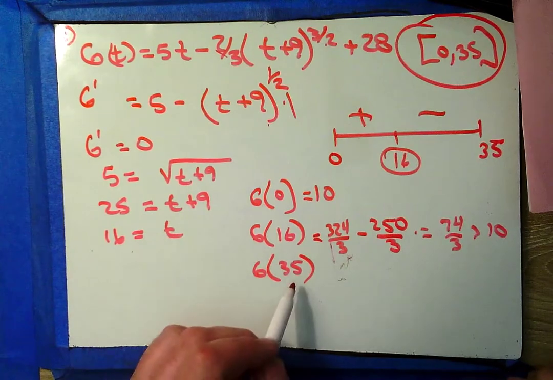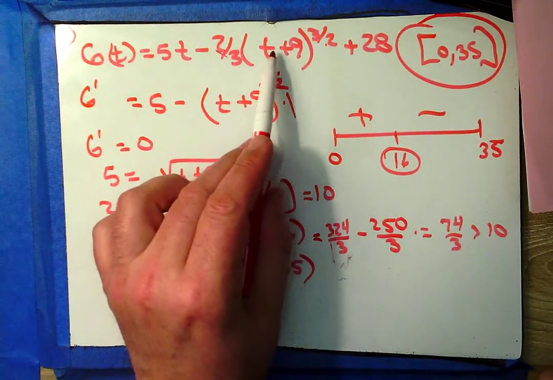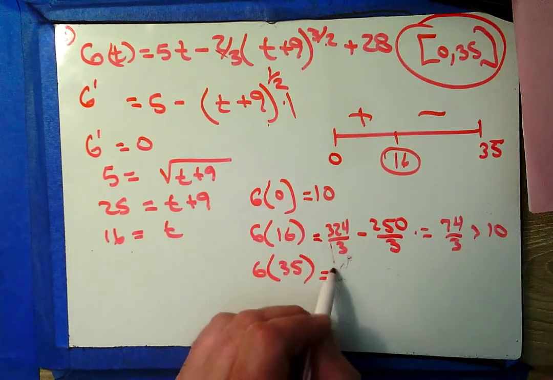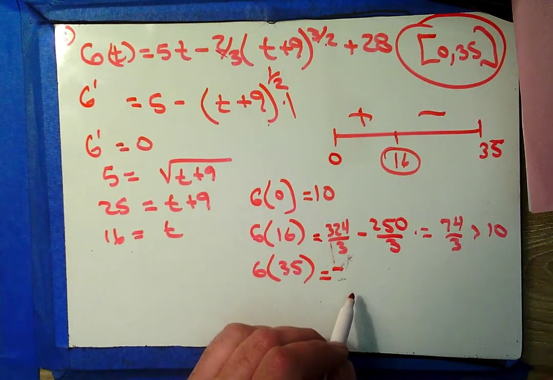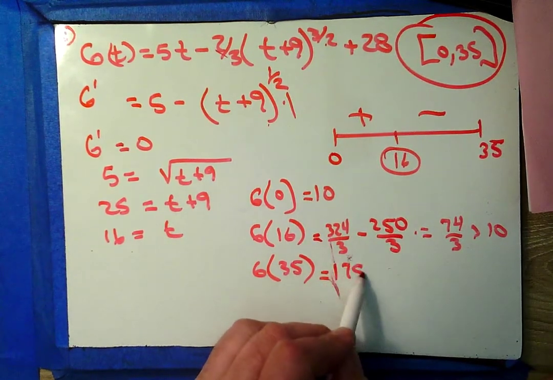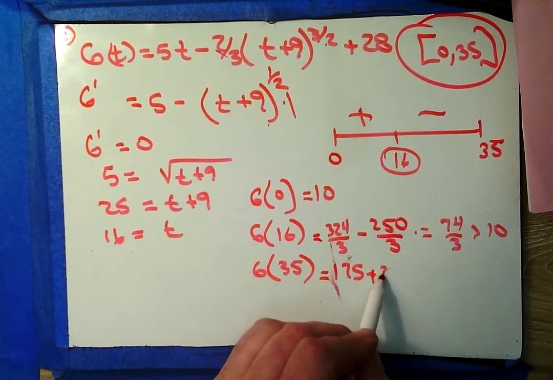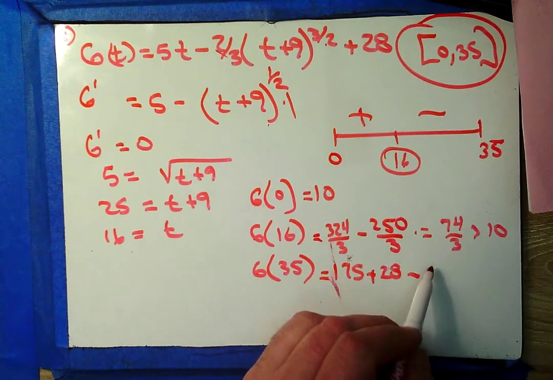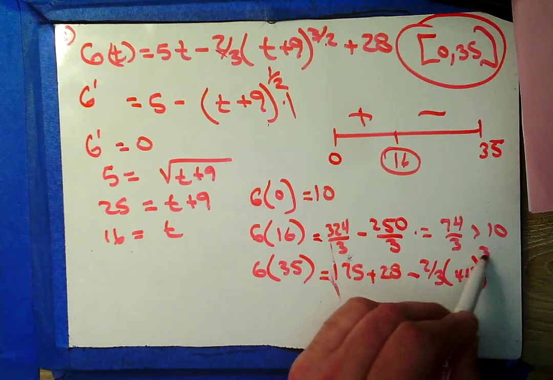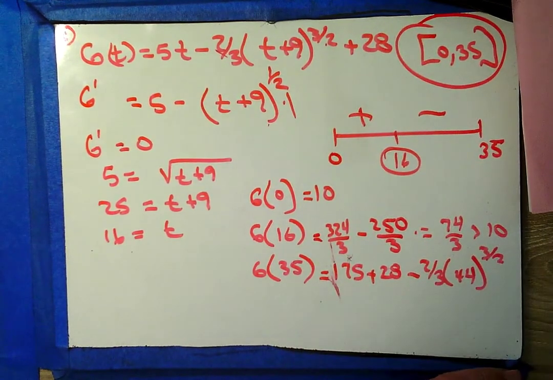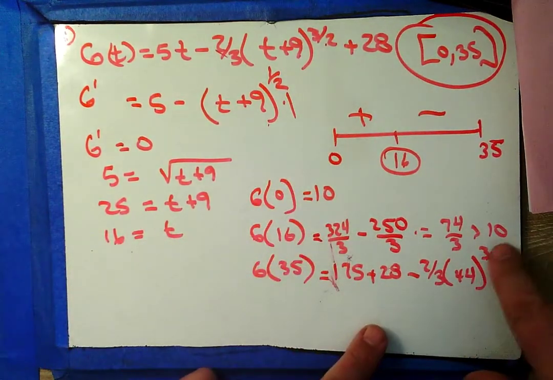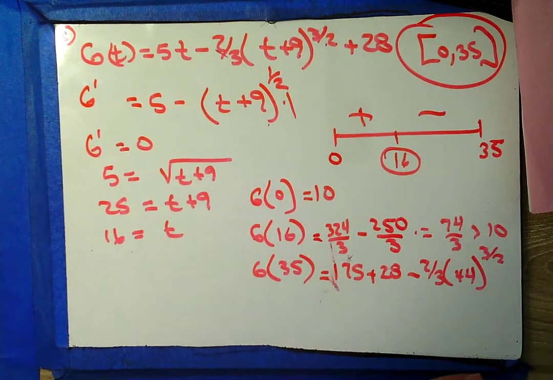All right, and so what about 35? 35 plus 9 is 44, and I don't know the square root of 44. So, yeah, I'm okay writing this down, but I don't think they intend me to simplify it: minus 2/3 44 to the 3/2, and I'm hoping that this number is in fact smaller than 74/3.